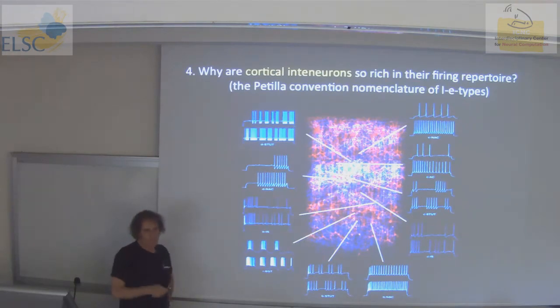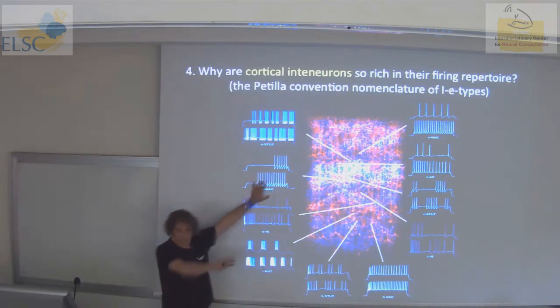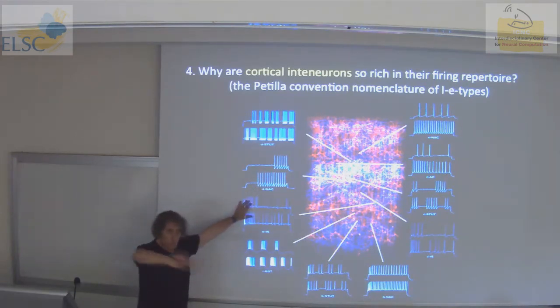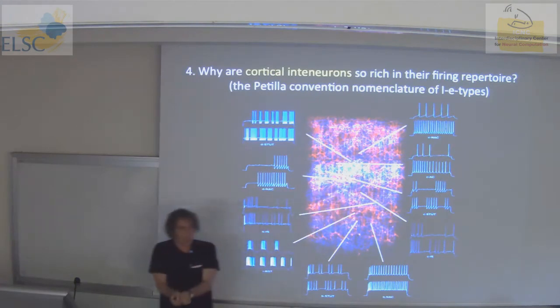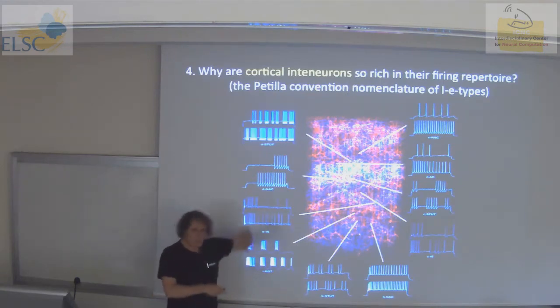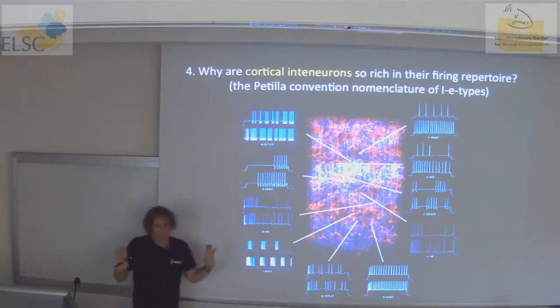I don't know if it's a property of the network. No, sorry, this is individual cells recorded out of the network. Each line here is a cell in the dish, without synaptic inputs, isolated. You record, you inject square pulses, also sine waves and all that. So all these characterizations are for individual cells, not in the network.